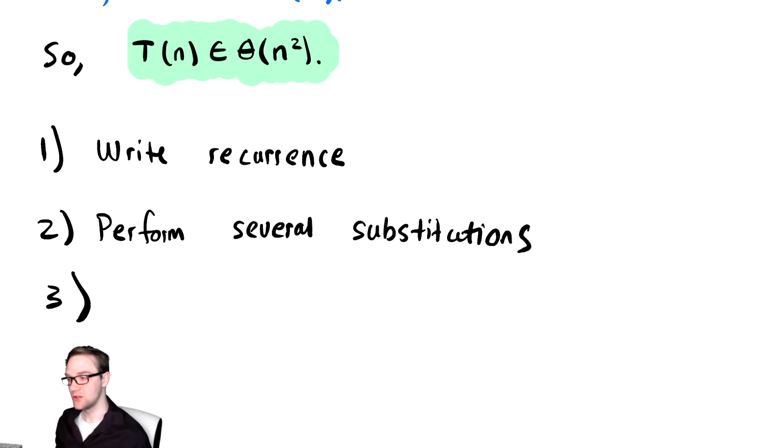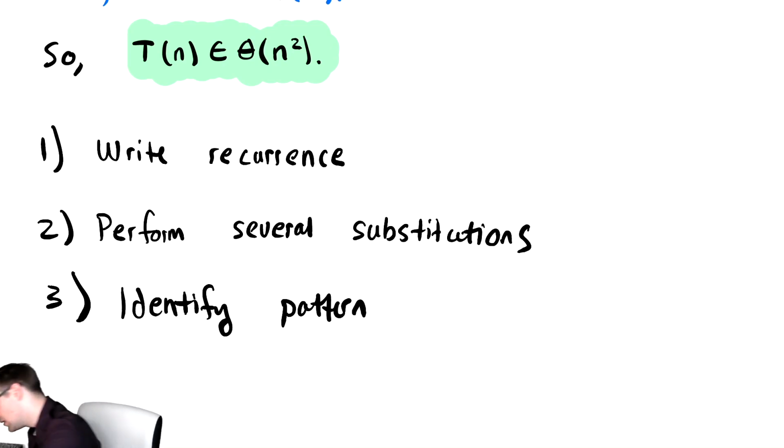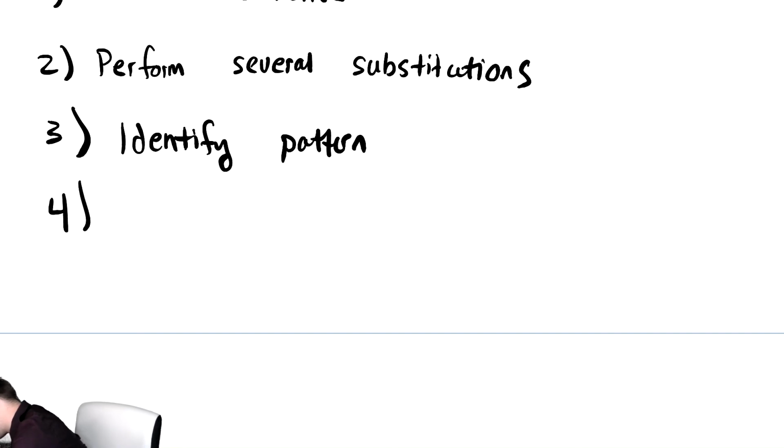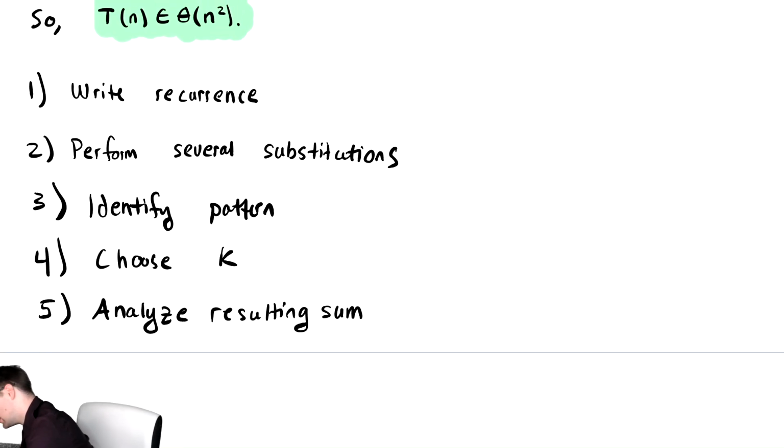After performing several substitutions, you identify a pattern. This is when we try to write down that equation with k. After you identify a pattern, you choose k. Then analyze whatever you have. Analyze resulting sum, because in general it's a sum. And those 5 steps are what we've been doing the whole time.